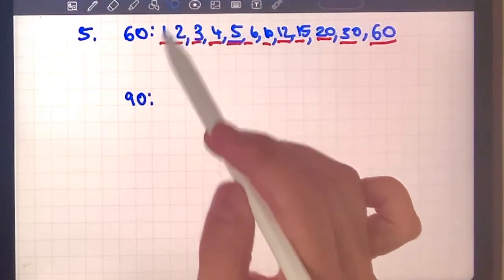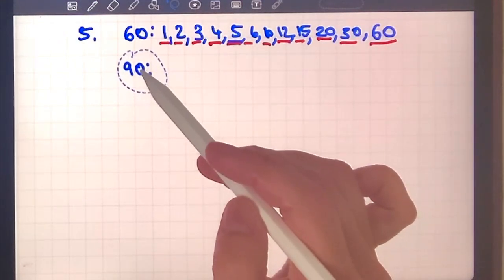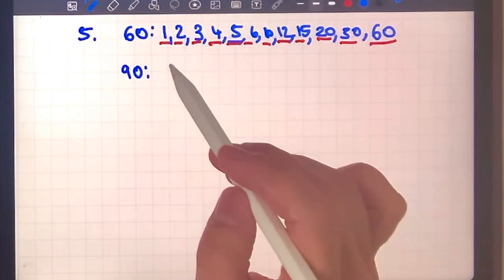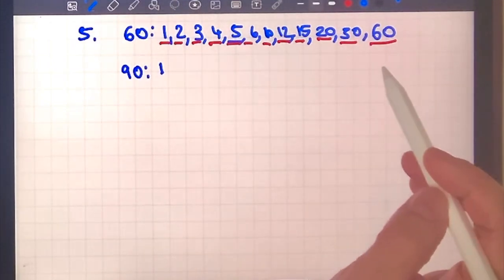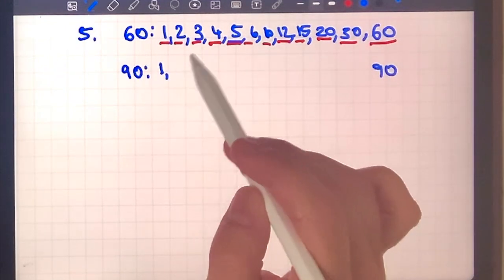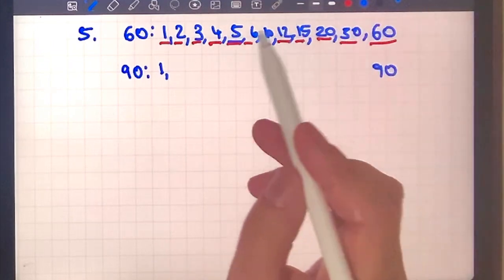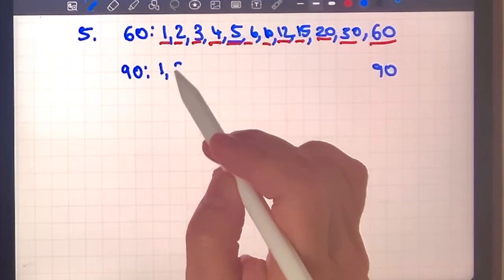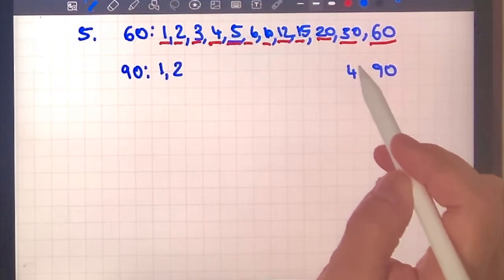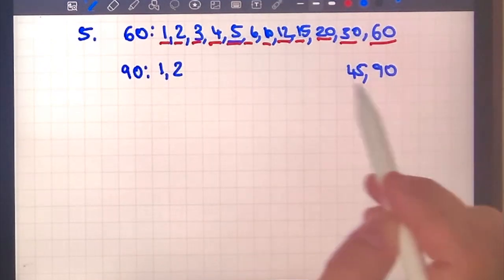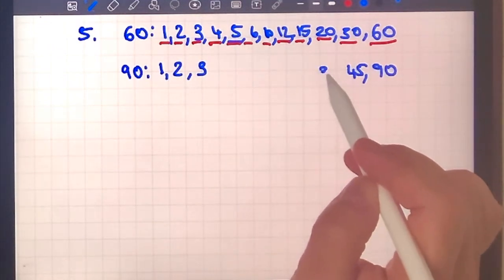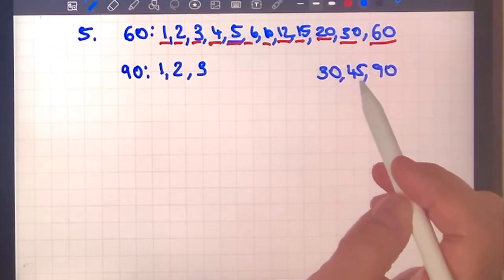Okay, so let's move on to my second number, 90. Starting off with a factor of 1 and 90, and moving on. It's an even number, so 2 is going to be a factor, and 2 into 90 goes 45 times. Next we have 3, which goes into 90 30 times.